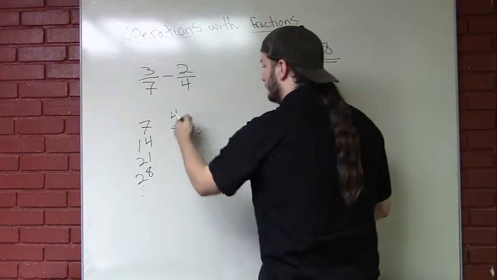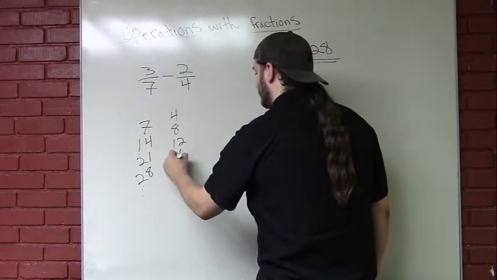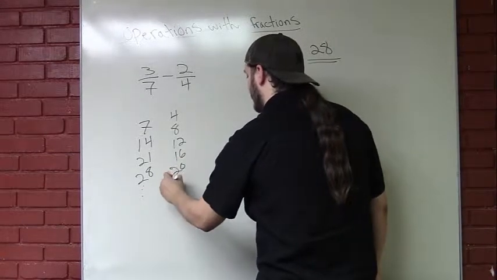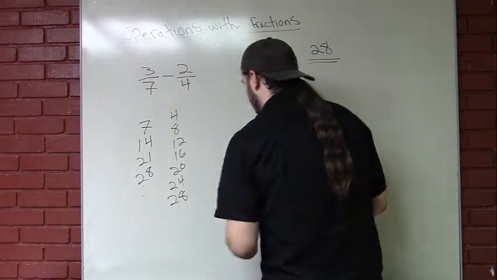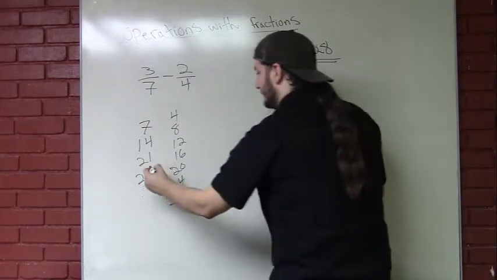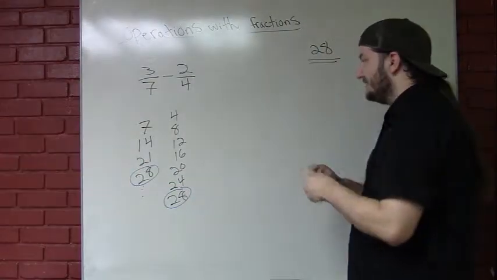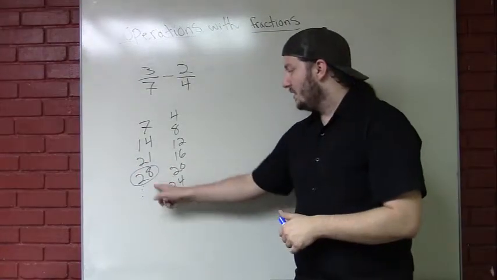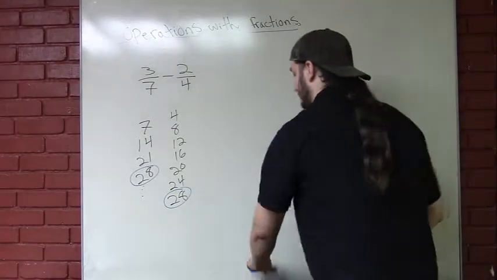Now we're counting by 4s. 4, 8, 12, 16, 20, 24, and 28. That being said, the smallest number that both of these numbers, 7 and 4, fit into is 28, okay? So hopefully that makes a little bit of sense.